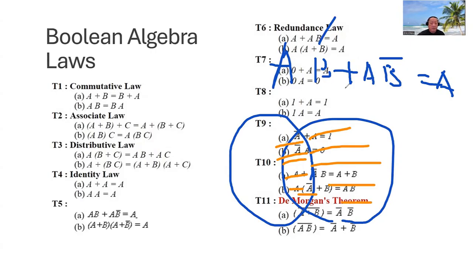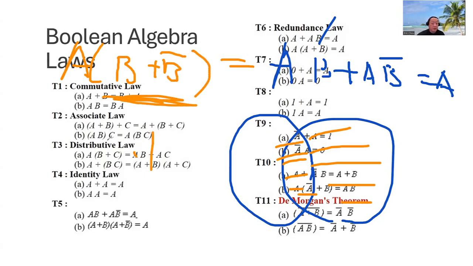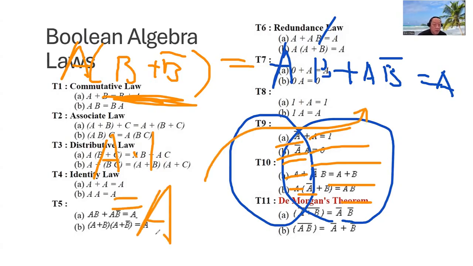So AB plus AB bar actually equals A. This is equivalent to A times B plus B bar, and B plus B bar is 1. So A and 1 equals A. So by derivation, you can still derive the equation to be the same. By Venn diagram, you can see it as well.